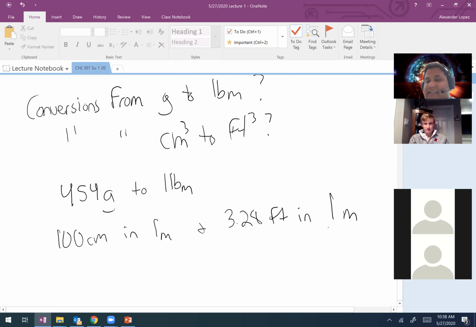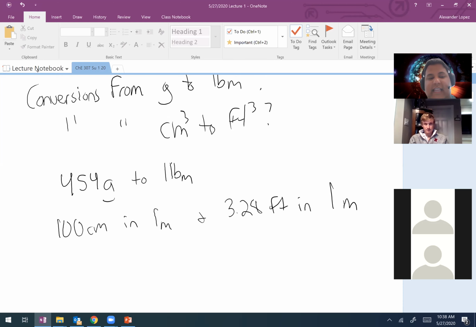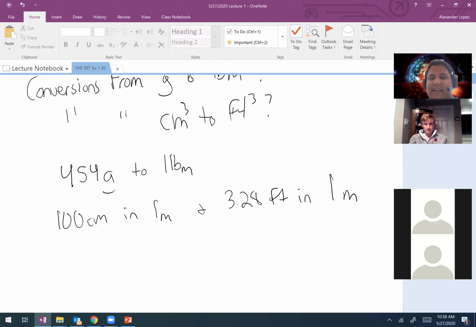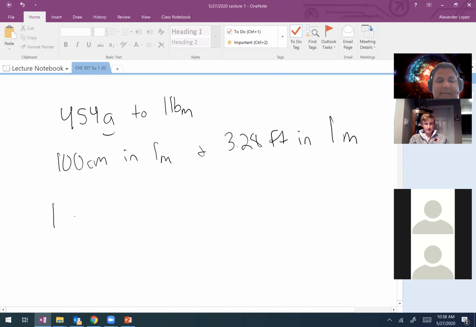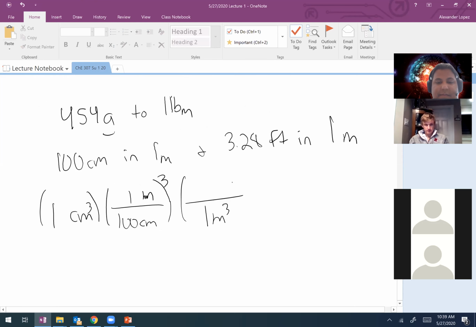So I can use dimensional analysis to get from cubic centimeters to cubic feet by saying, all right, if I've got 1 centimeter and there's 100 centimeters in 1 meter, if I keep that, and then 1 meter, there's 3.28 feet. I can keep that, then I can get the conversion. Or you can take the inverse.